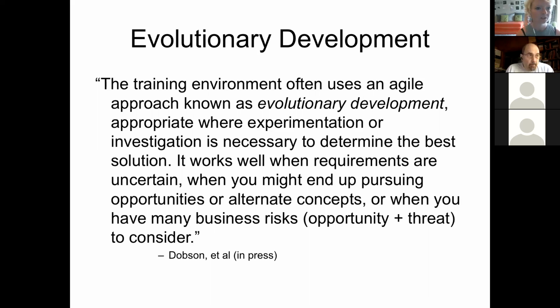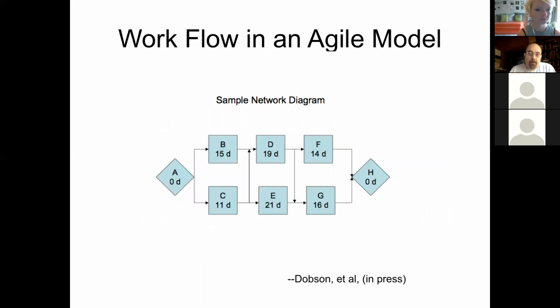A V project flow means that things that would normally work in sequence in an agile model work in parallel, and they come together at the end. The next slide shows how workflow works in an agile model. This is an example of a V model.